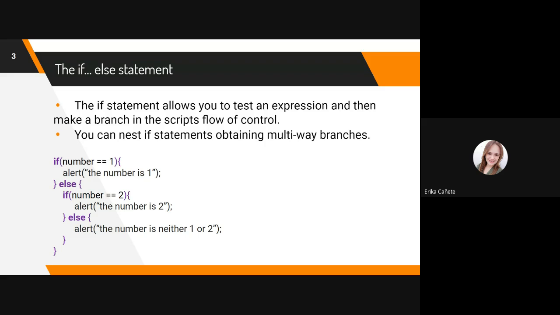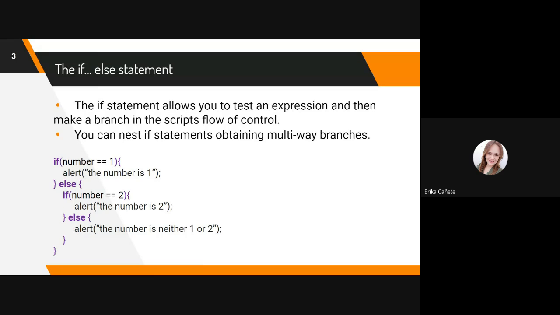We start with the if followed by the condition. In this example, we have number is equivalent to 1. If it turns out to be true, an alert box will appear stating the number is 1.